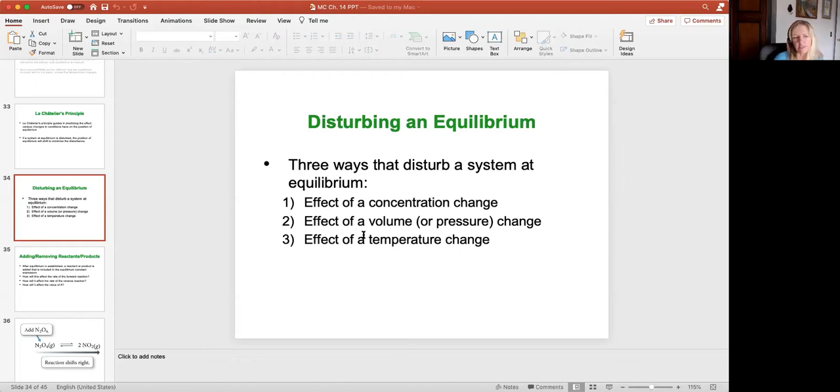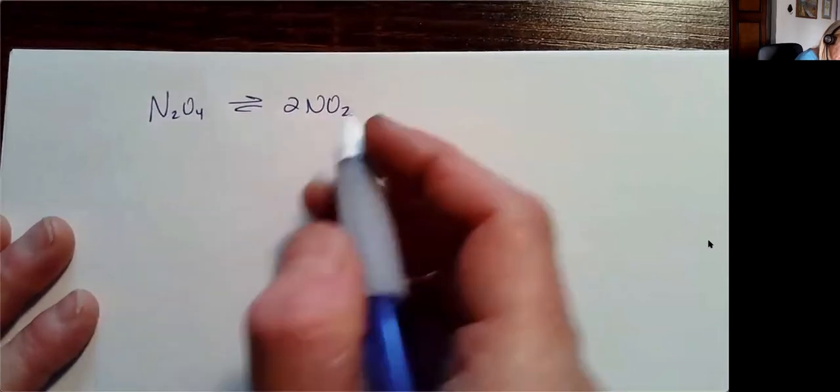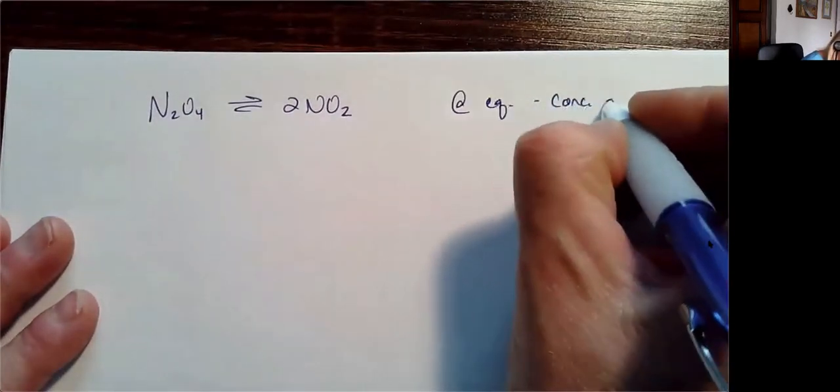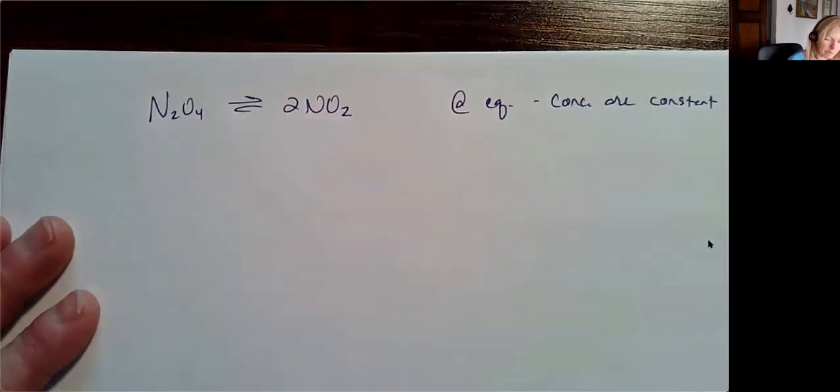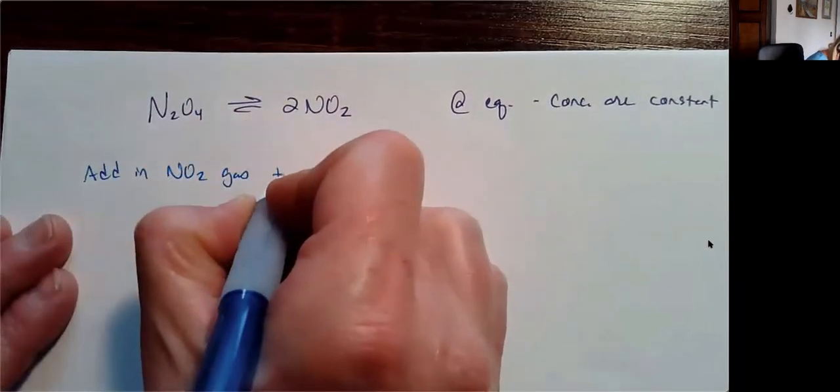The easiest one to think about is concentration. What happens when you change concentration? If I take a really simple equation here, let's say I have N2O4, and that's in equilibrium with NO2. At equilibrium, my concentrations are constant because I'm at dynamic equilibrium. Now let's say I add NO2 gas to the system.